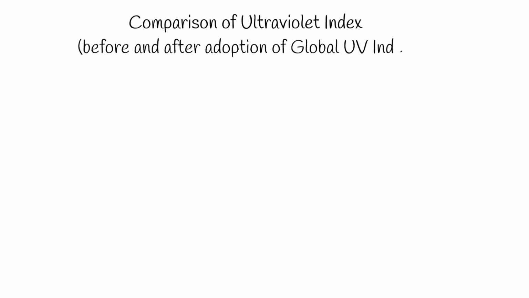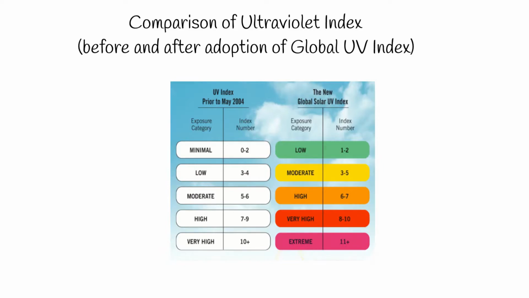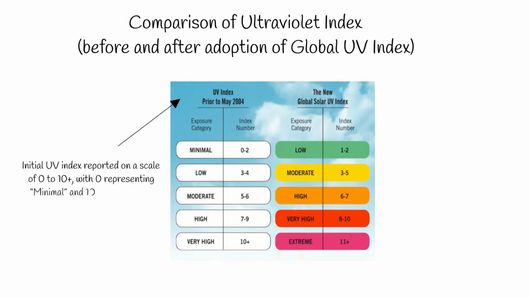Comparison of ultraviolet index before and after adoption of the global UV index. Are you able to tell the difference between the before and after? The initial UV index was reported on the scale of 0 to 10, with 0 representing minimal and 10 representing very high.